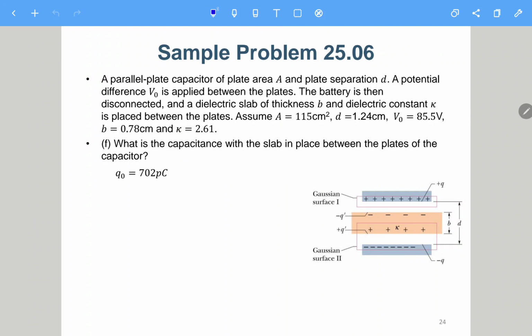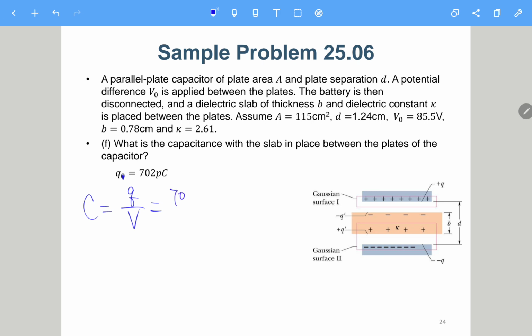And then for part F, it asks what is the capacitance with the slab in place between the plates of the capacitor. So after inserting the slab, what is the capacitance? C is Q over V. Q doesn't change at all from beginning to end.